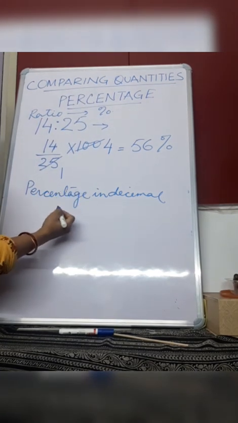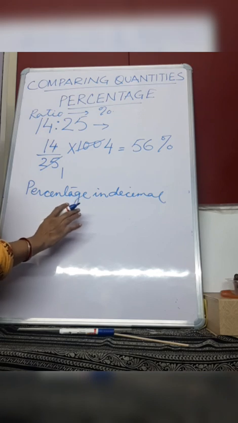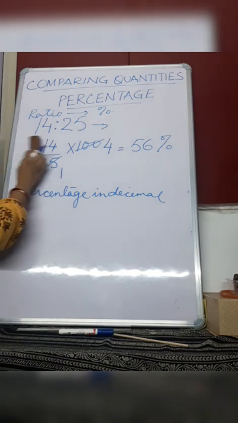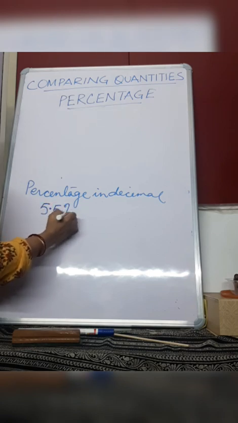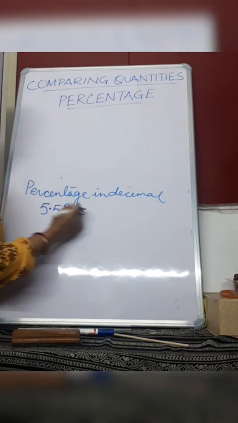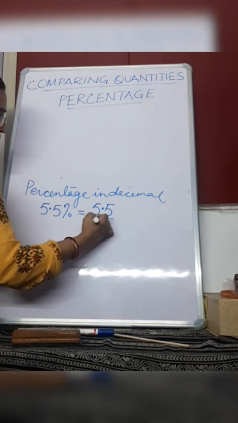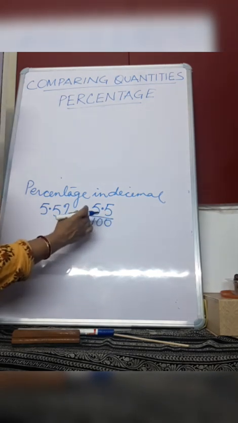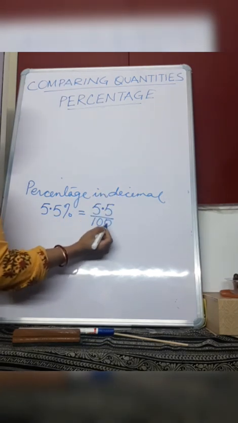Here percentage into decimal. So whatever percent is given, we will write it as fraction with denominator 100. So let's take 5.5%. 5.5% means 5.5 upon 100. Now we have to change it into decimal. How to change it? See, there is already a decimal.